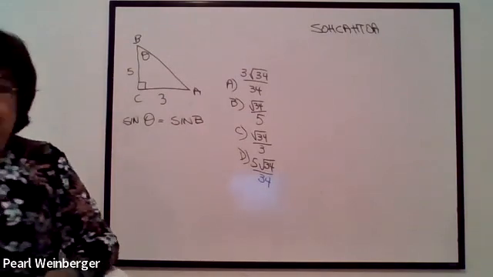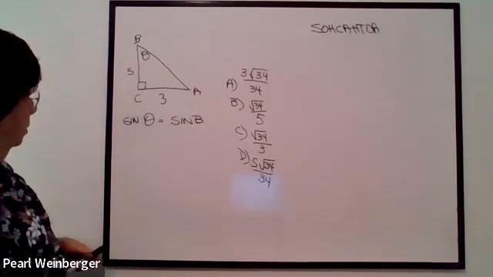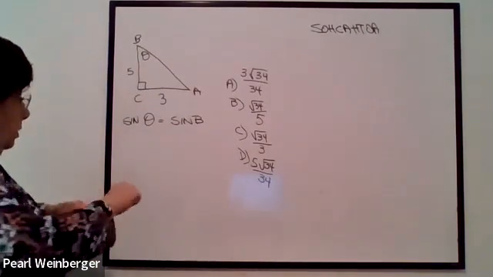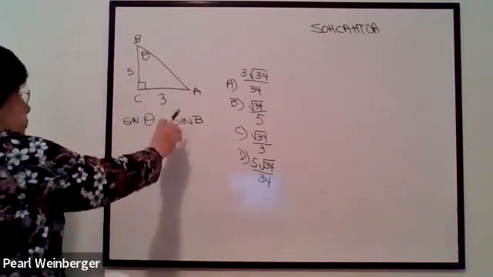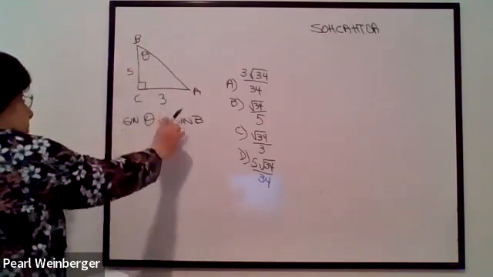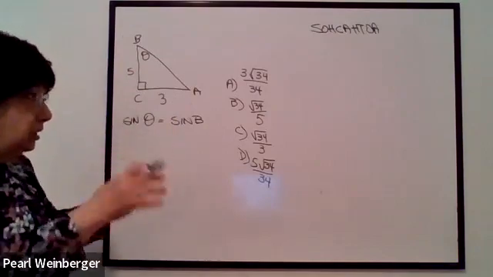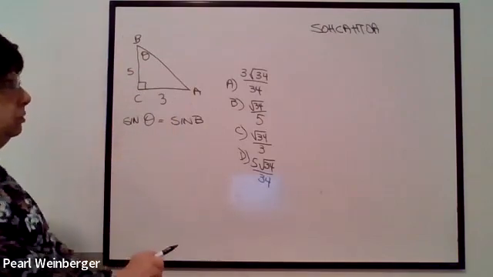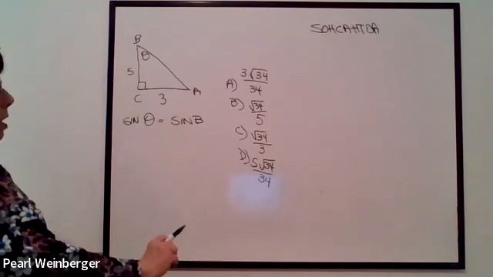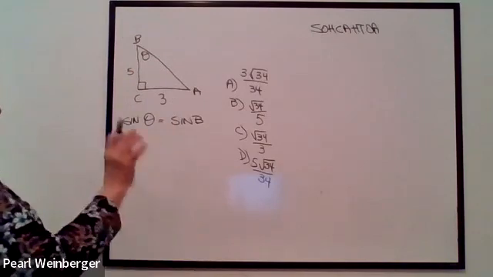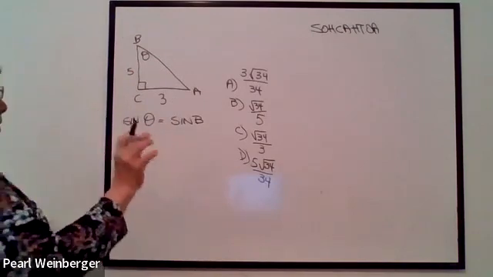Okay, let's work on this together. So first of all, as soon as I see they say sine or cosine or tangent, I'm going to label my sides: opposite, adjacent, hypotenuse.